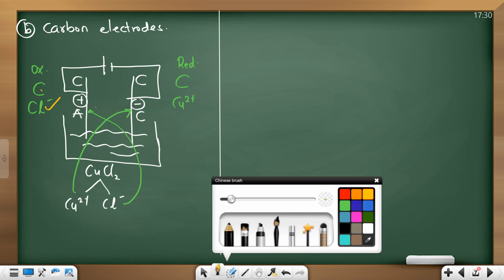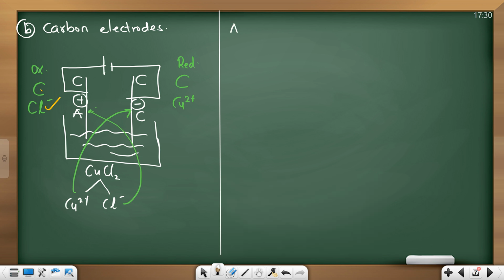All right? So at the anode, what are we going to have? Remember, you write going where? Backwards. What would it be? 2Cl minus to give us what? Cl2 gas. Green bubbles. What are you going to see at the cathode? Again, carbon is not there.